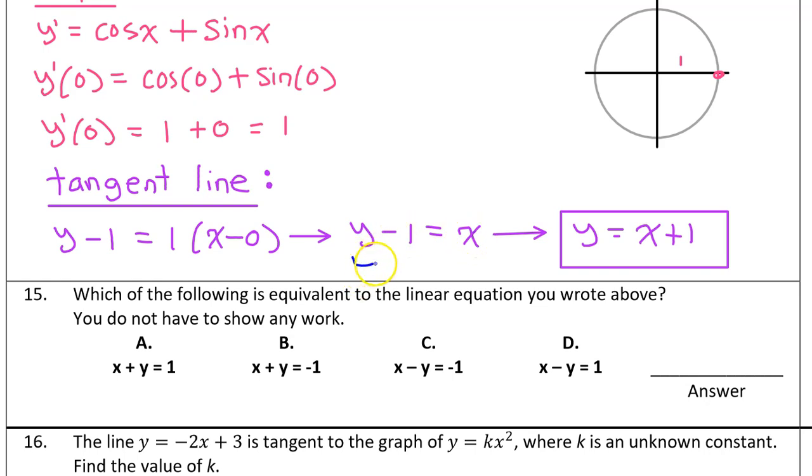So kind of go back here with me. The x is already positive, so I'm going to leave that over there. To move the y over with it the way they have, I'm going to subtract y from both sides. So that would give me negative 1 is equal to x minus y. In other words, x minus y equals negative 1. There it is. The answer is C.